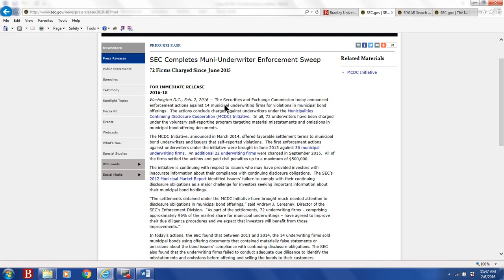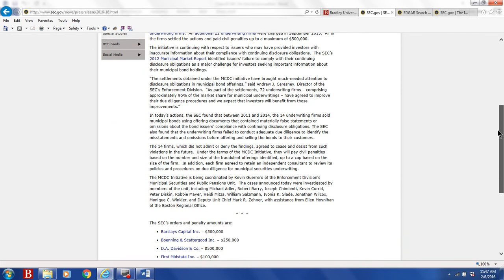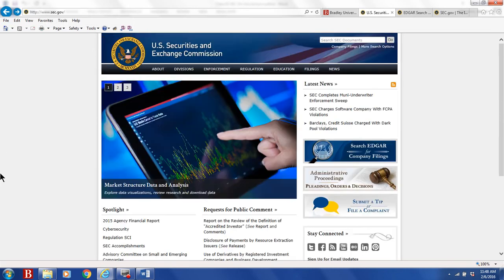Municipal underwriting deals with securities that are sold by government agencies, and the problem they encountered dealt with the fact that the documents that they used to obtain these securities contained materially false statements or omissions about the bond user's compliance with continuing disclosure obligations. So the information that was supposed to be disclosed wasn't, and the SEC got involved with investigating it.